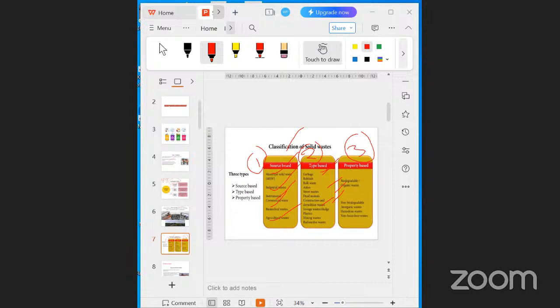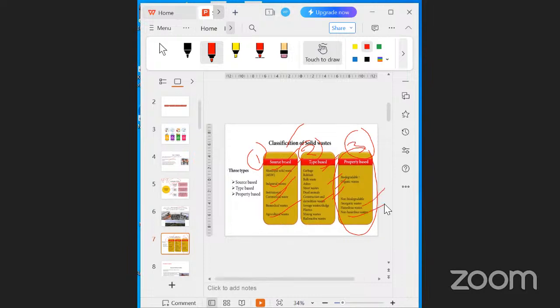The next is based on physical properties: biodegradable or organic waste, non-biodegradable or inorganic waste, hazardous waste, and non-hazardous waste. So these are the classifications of solid waste.